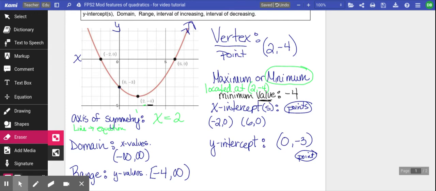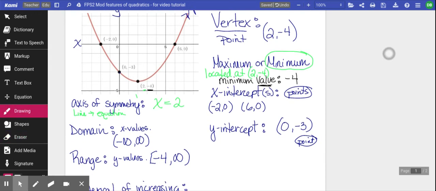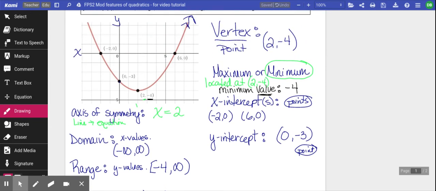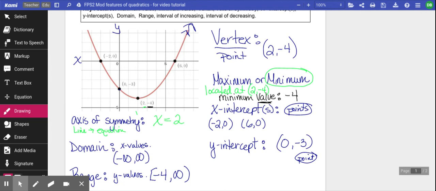The last thing that we are going to talk about is the interval of increasing and the interval of decreasing. And when we look at these intervals, we're going to look at the x values where the graph is increasing and the x values where the graph is decreasing. So let's start with increasing. When I'm looking at the parabola, remember we talked before about the vertex being that turning point.